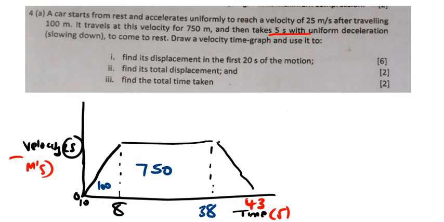Okay. So in the first 20 seconds of the motion. So 20 seconds, where is our 20 seconds going to be at? So 8 to 20, let's say 20 somewhere here.